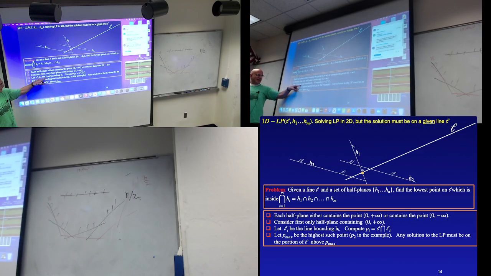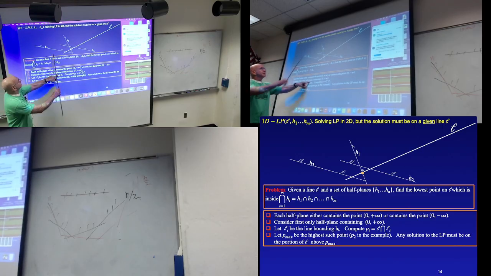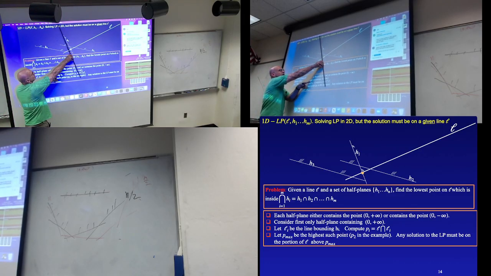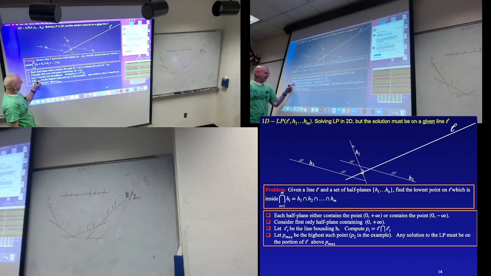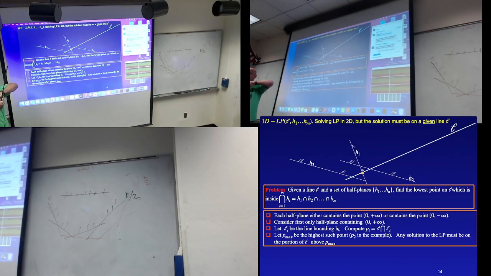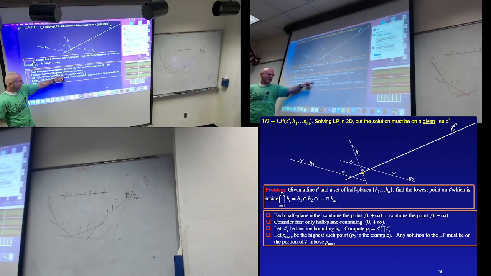Let Li be the line that bounds Hi. We'll keep this notation later. Li is just the line that is the boundary, the border of the half plane Hi.